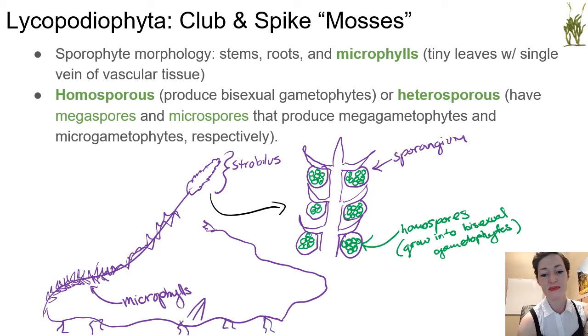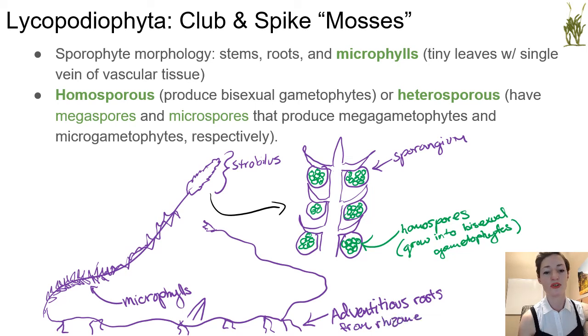Because it's a stem, these roots are adventitious roots from the rhizome. And that rhizome would be underground, producing these above ground shoots.